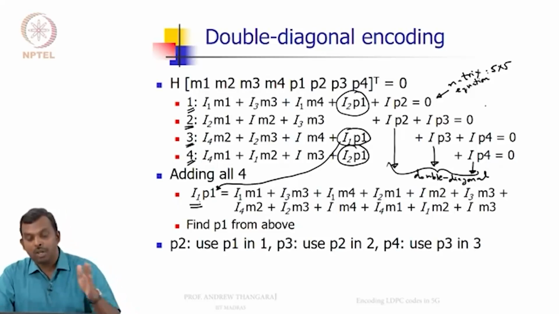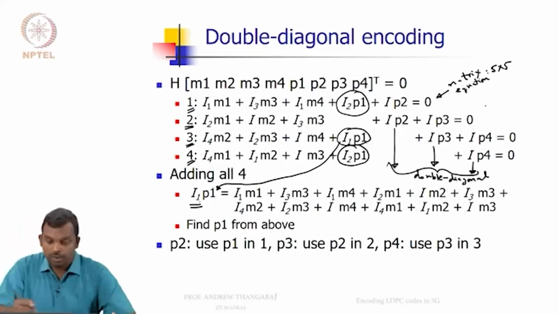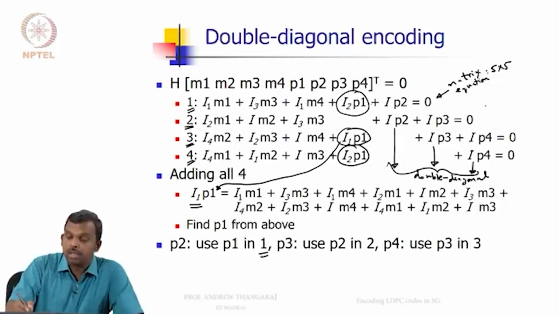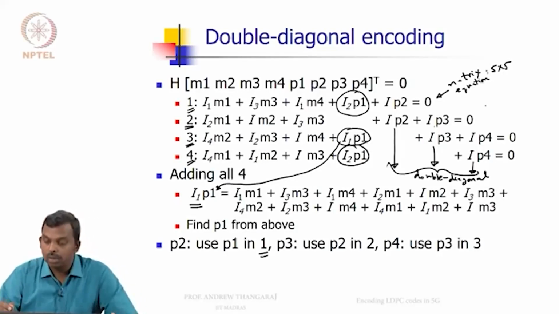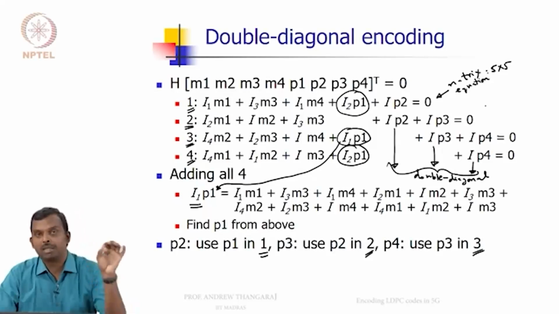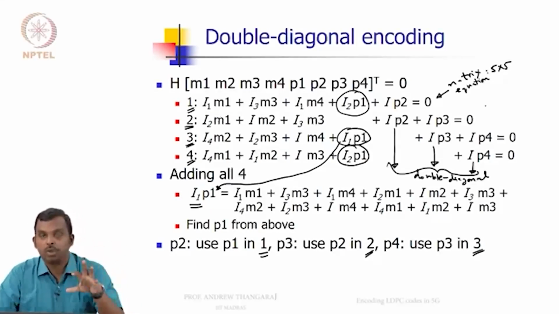The reason is, if you have P1, you go to row 1. You use P1 in the first equation, and you get P2. P2 is the only unknown there, and then you use P2 and get P3 from the second equation, and then you get P4 by using P3 in the third equation. Remember, the messages M1, M2, M3, M4 are given to you. You have to compute the parities P1, P2, P3, P4.